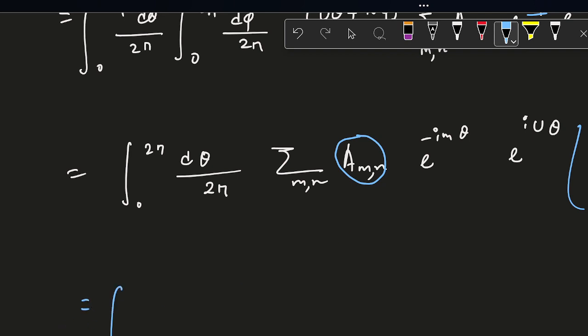So you can just absorb the summation over n into that Kronecker delta.